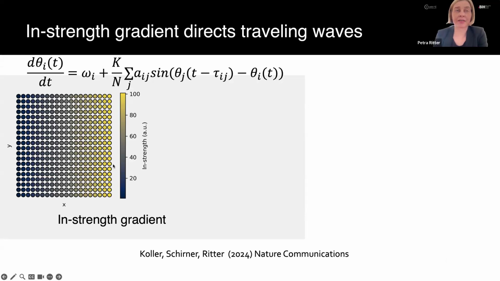As you can see on the right side, the in-strength is higher than on the left side, as indicated by this color code. And the question was, if we produce such an artificial in-strength gradient in a network of coupled oscillators, would this produce a traveling wave along the gradient of in-strength?